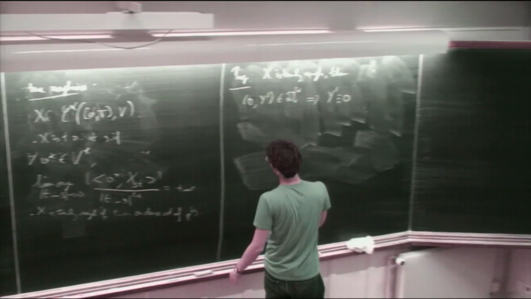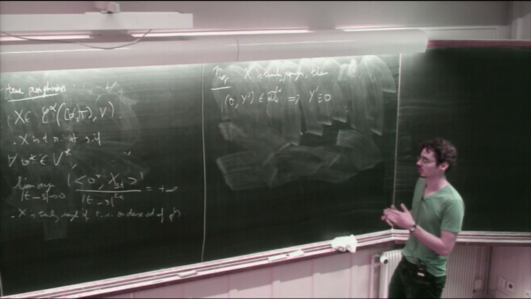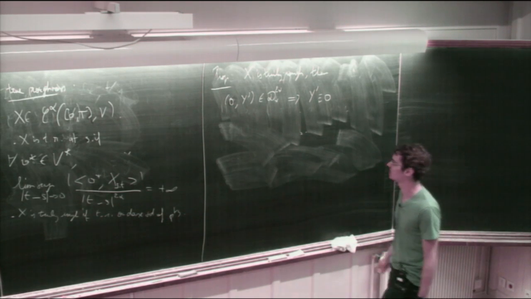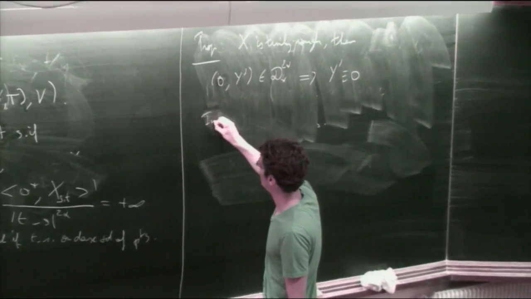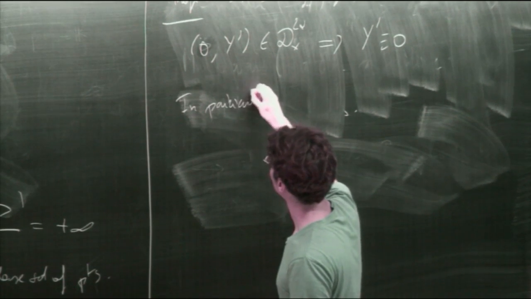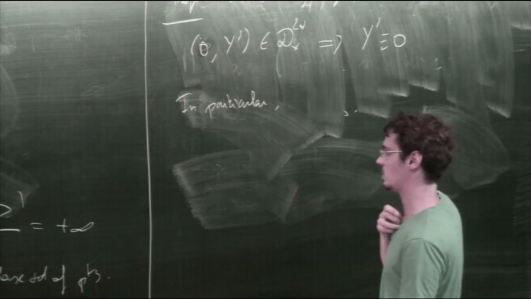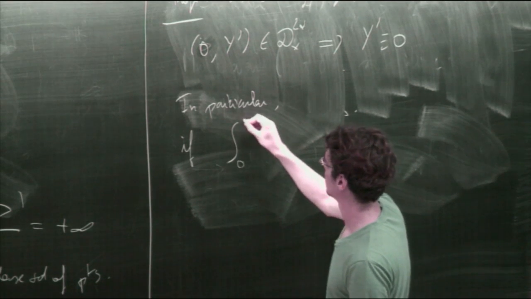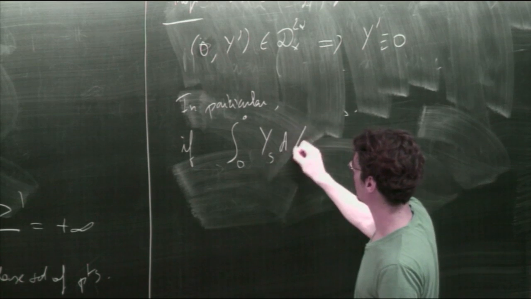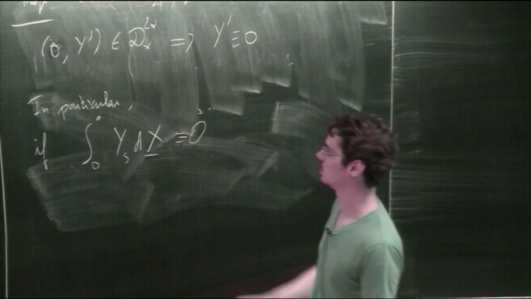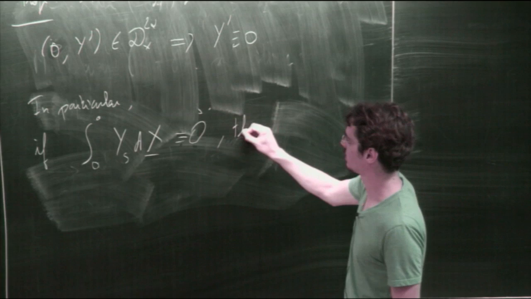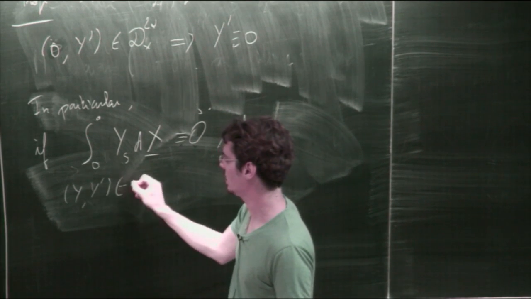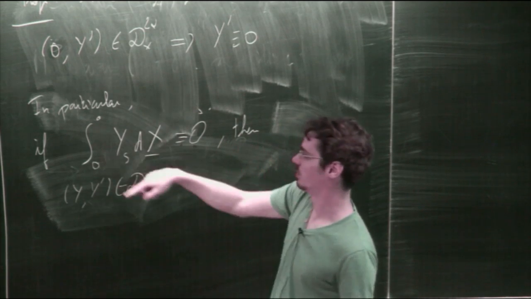And in fact, the form of the uniqueness of the derivative that we will use is that, as a particular case of this, you can write that if some integral against x is equal to 0, this implies, so here let's say that y is a controlled path, so that you can really define this, okay?